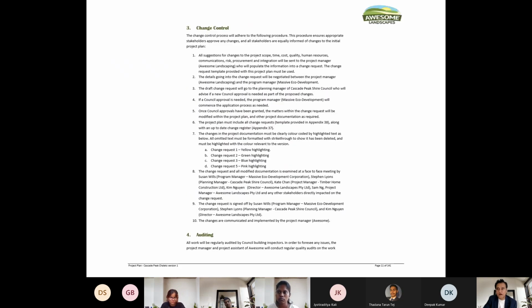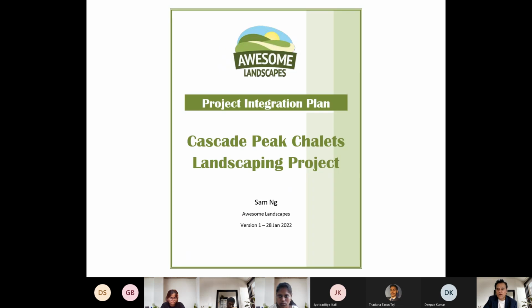Because there are 10 sections, today we are only doing integration, so I've given you only one section. It's a real example. You can read it at your leisure. It is a typical integration management plan, which is one of the 10 plans.